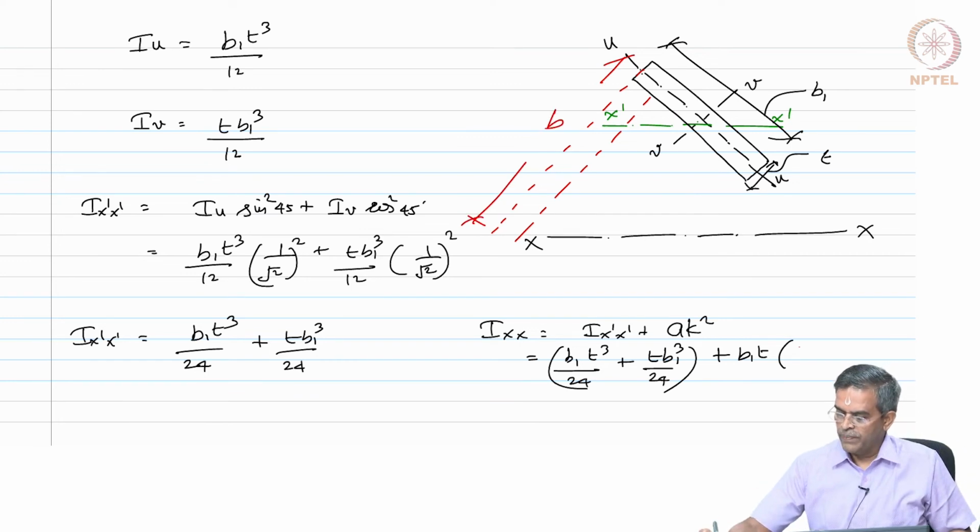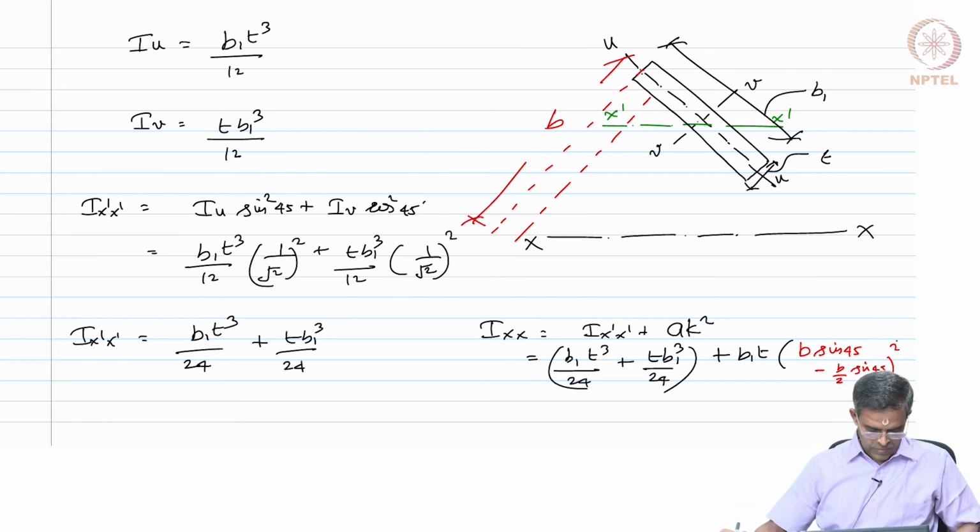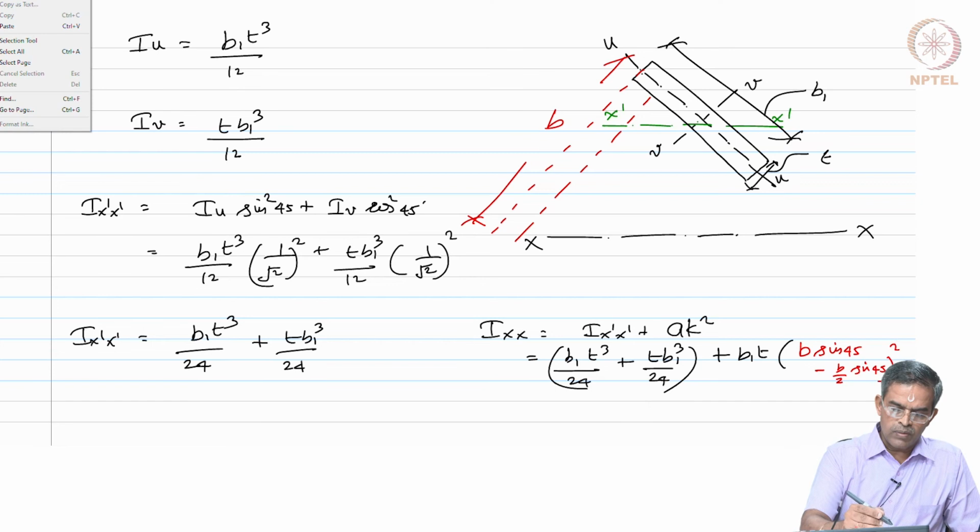So, I should say B sin 45 minus B by 2 sin 45 the whole square. That is my K square here. Okay, let me copy this equation.